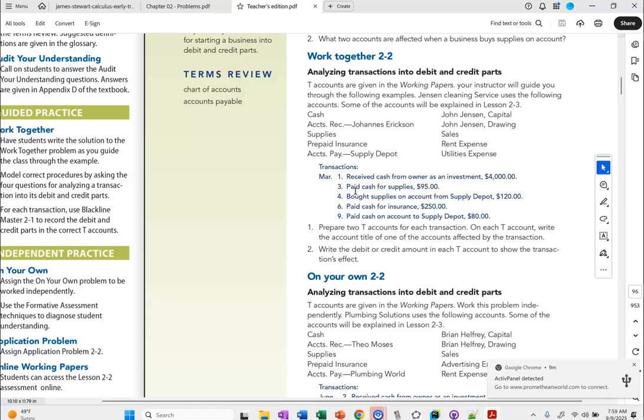Okay, so again, it's the same thing that we did on the previous lesson, just now we have numbers instead of arrows, right? March 6th says paid cash for insurance. So what two accounts are going to be affected here? Cash and prepaid insurance, very good.